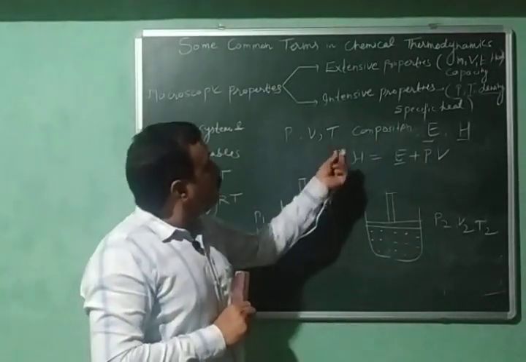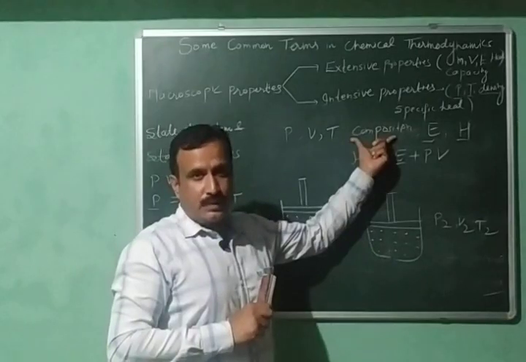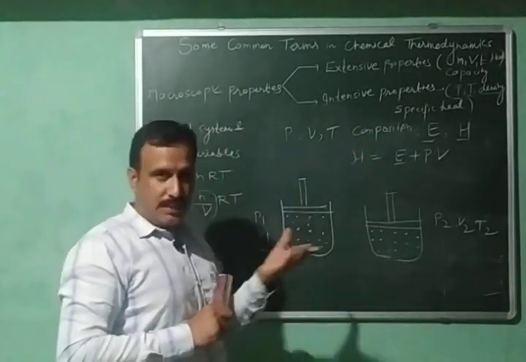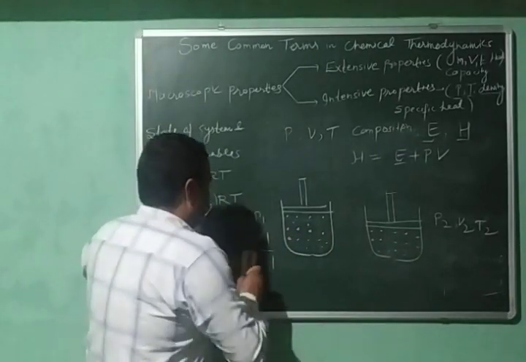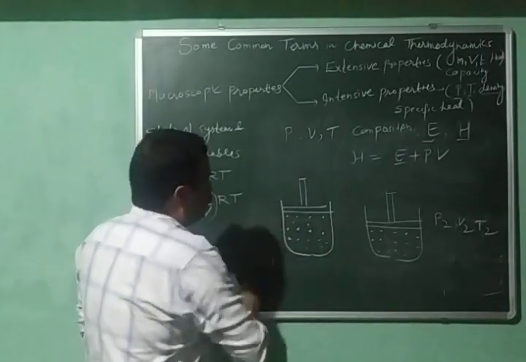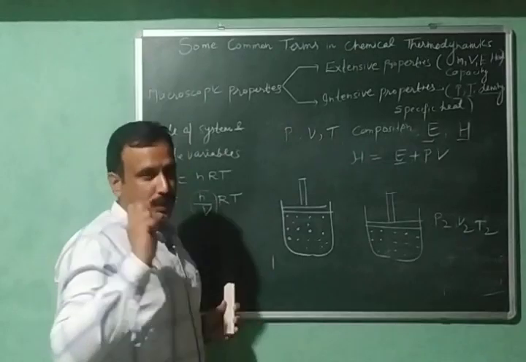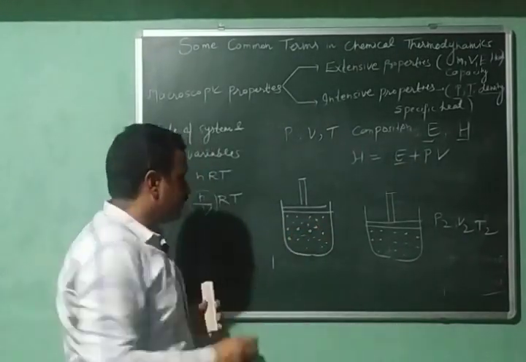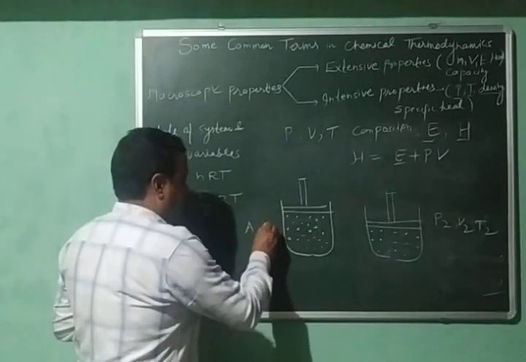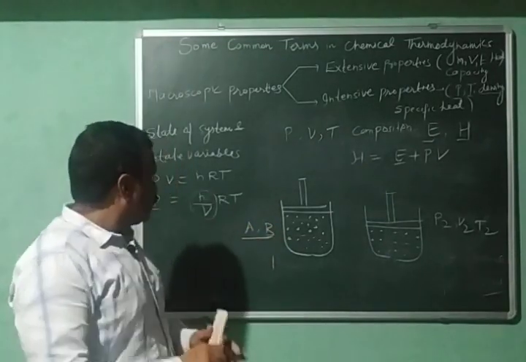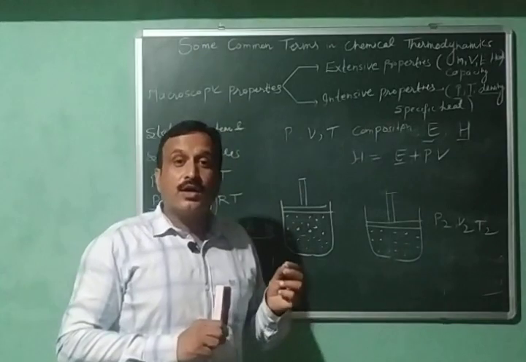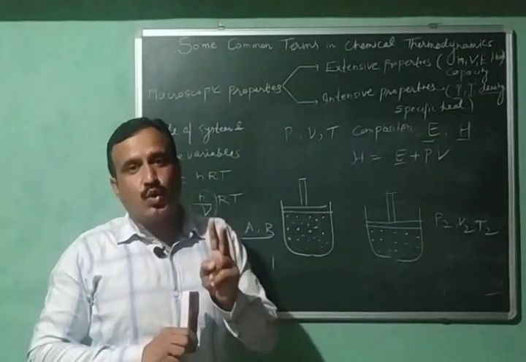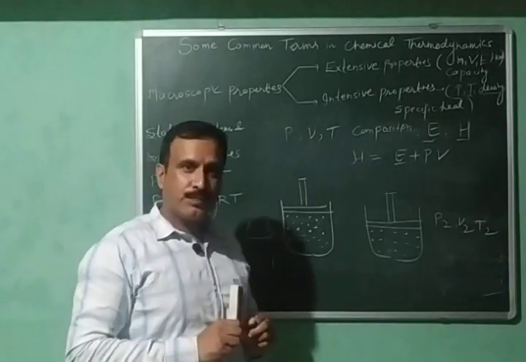What do we mean by composition? Let us understand with an example. Suppose in this container I have two gases, not a single gas. I have two gases, A and B. So A and B are now the constituents, or the two components, of the system.